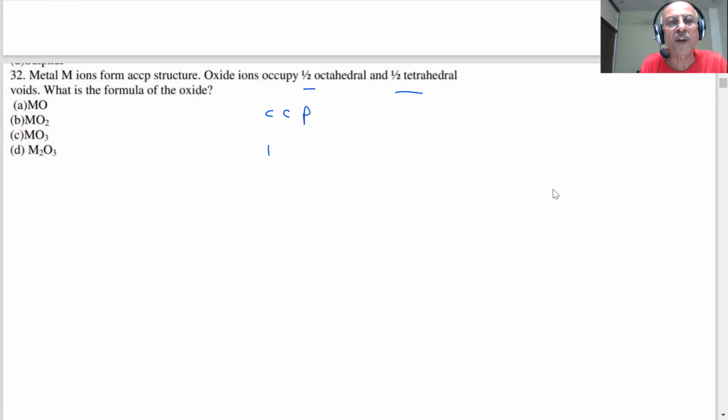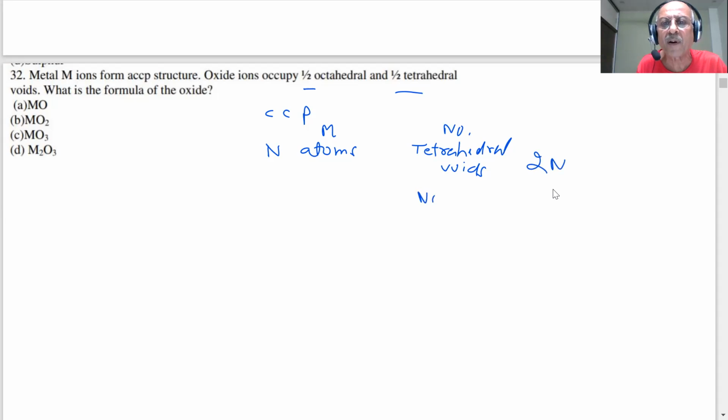So you already know, if N is the number of atoms of metal M, then how many tetrahedral voids will be there? Number of tetrahedral voids is always 2n, and number of octahedral voids is how much, students? You are aware of this solid state, same, n. Now he says oxide ions. Oxide ions are occupying how many?